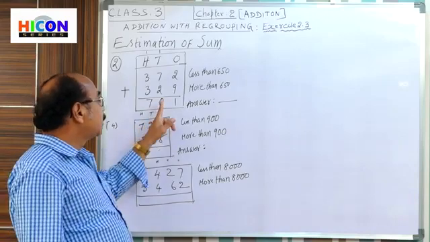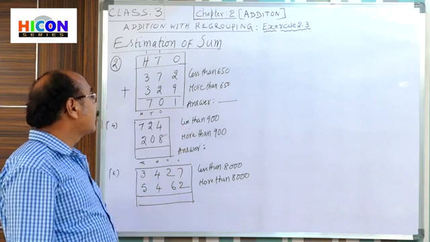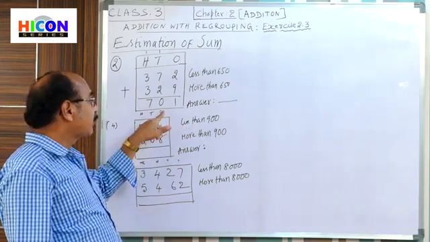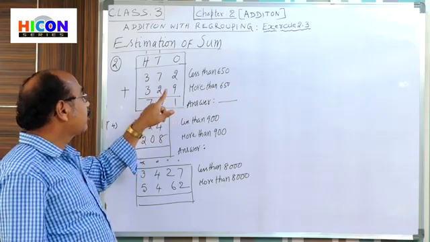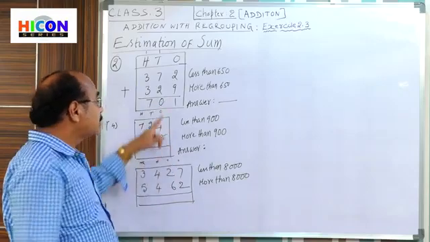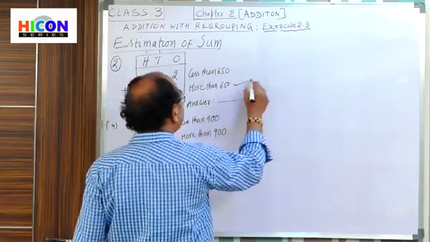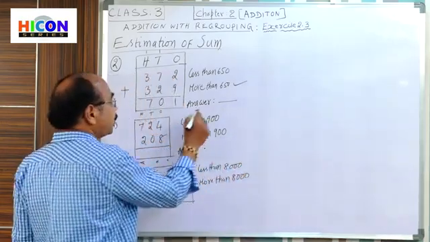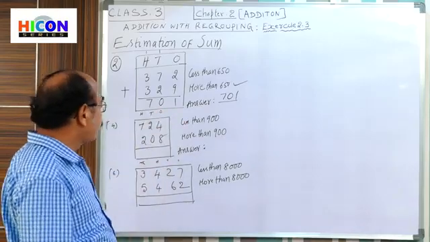That means 701 is not less than 650. It is more than 650, because this is 701. Answer is 701. That is more than 650.